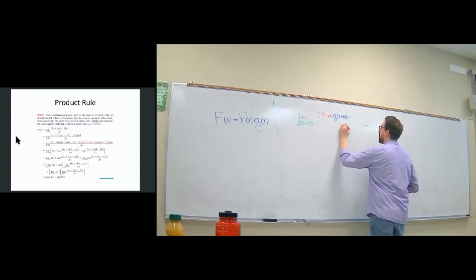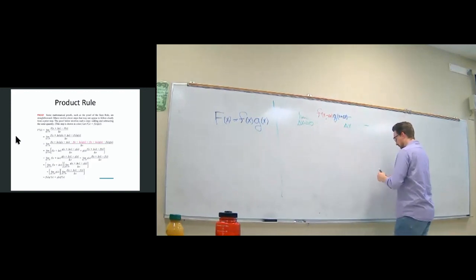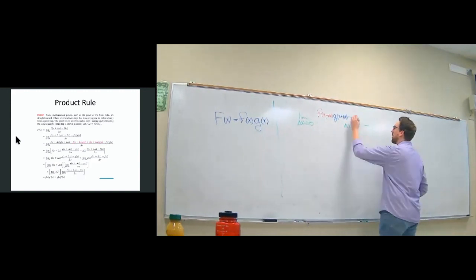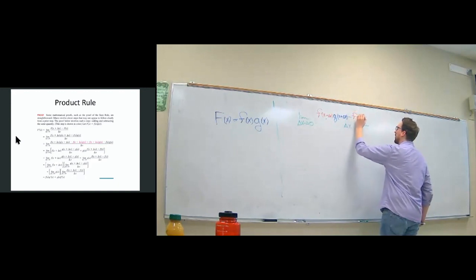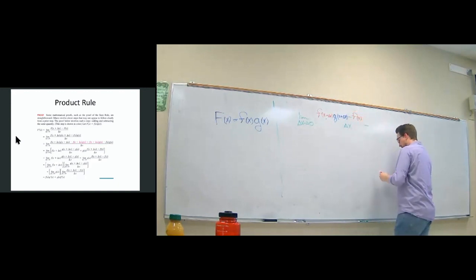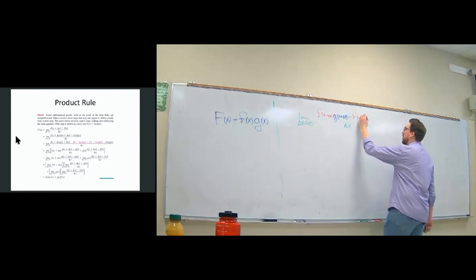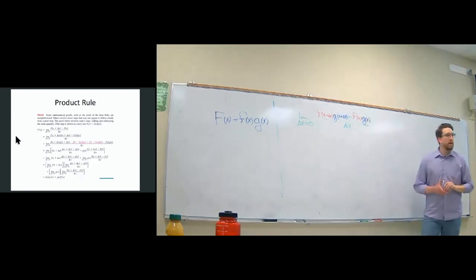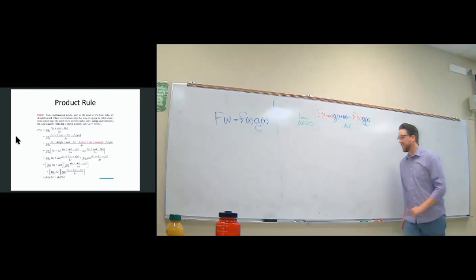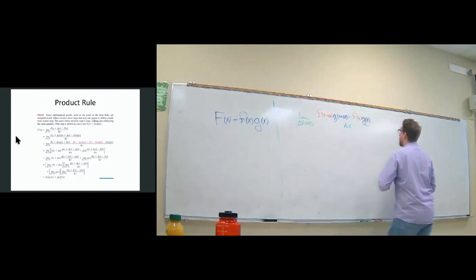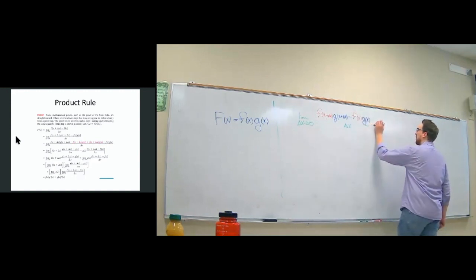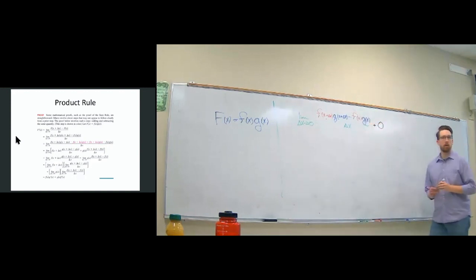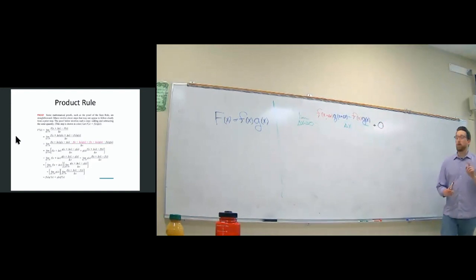minus f of x times g of x. Now, to move on to the next step, we're going to add 0. We're going to choose 0 in a very particular way.